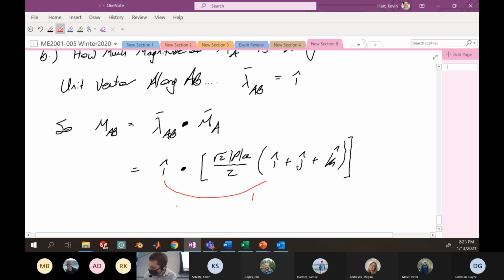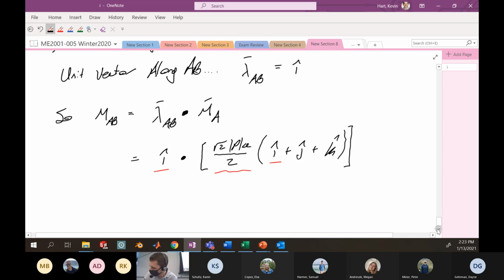Okay. What is I dot J? 0. Good. And I dot K? 0. Right? Okay. So the only thing I'm going to be left with is this I dotted with I. That's going to give me some contribution from that particular component, and the leading coefficient of this particular second term is the only thing that's really going to be left over.